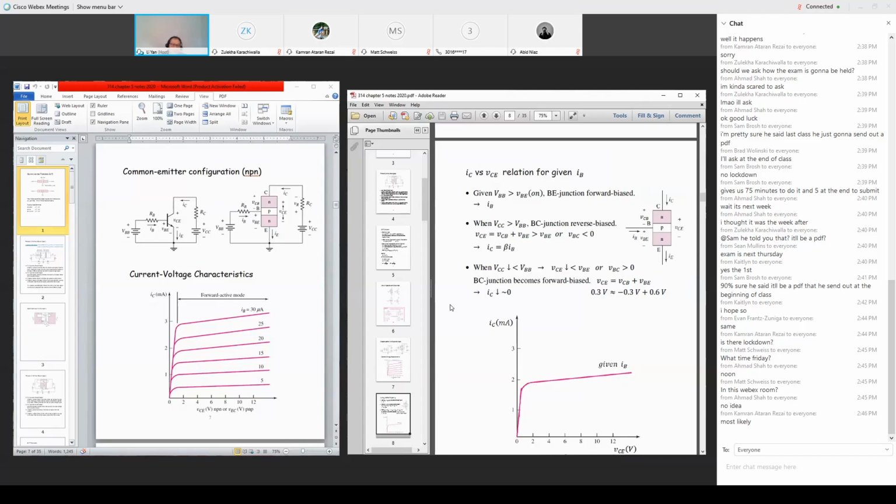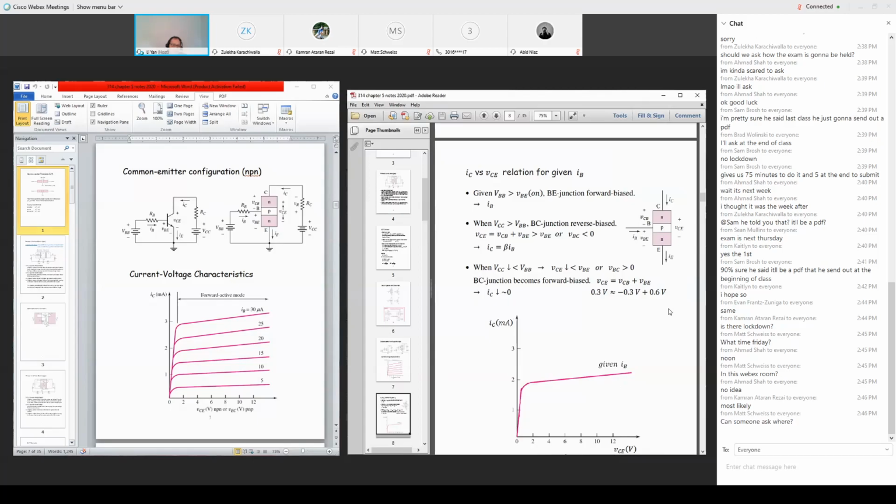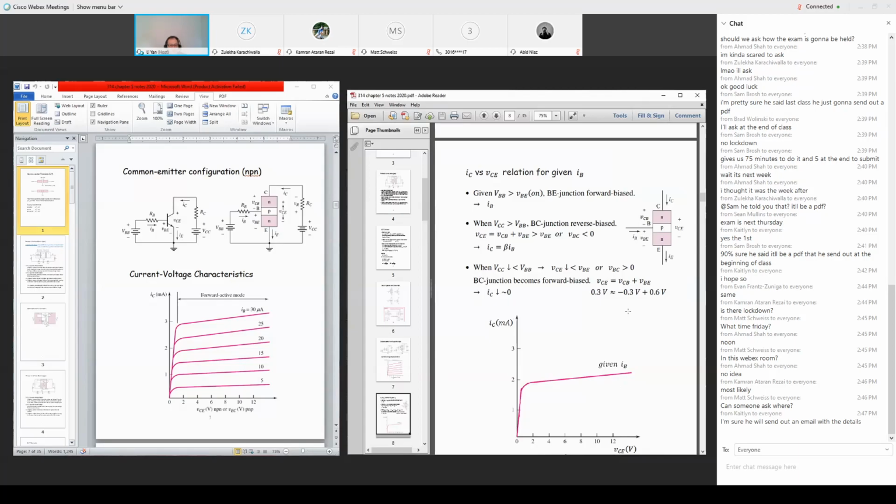Okay, here I give an example. VCE equals VCB plus VBE, and VBE is the diode junction turn-on voltage. VBE is 0.6 volts, for example. And if VCE is reduced to 0.3 volts, then VCB will be minus 0.3 volts.